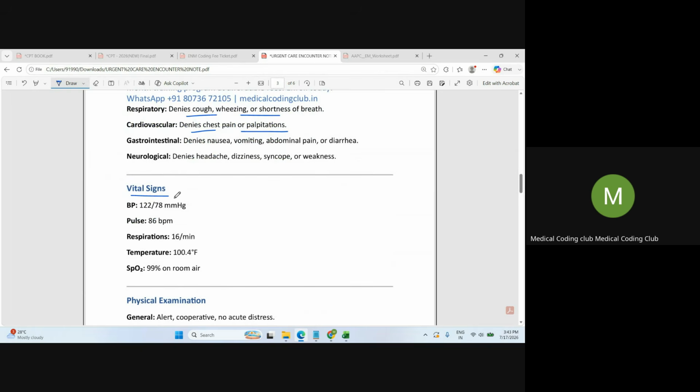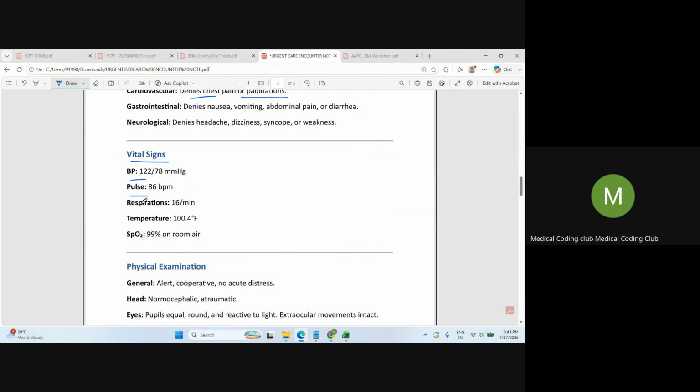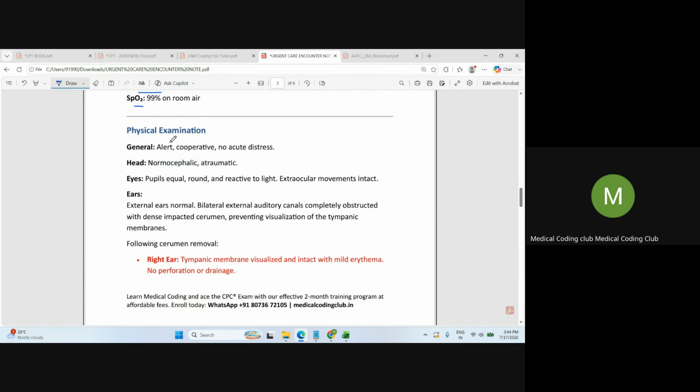Then vital signs will be there with all the patient medical records. They'll record BP, pulse, respiration, temperature, and O2 saturation. Then comes the physical examination, PE. Under PE, again you're going to see the particular organs, and if any abnormalities are there.